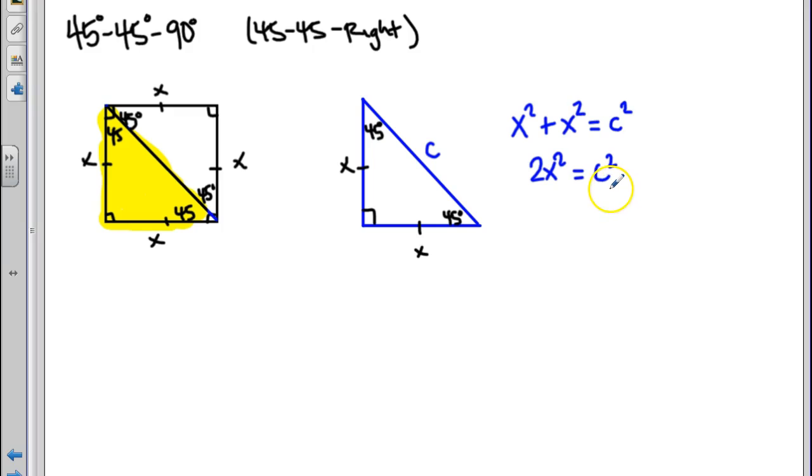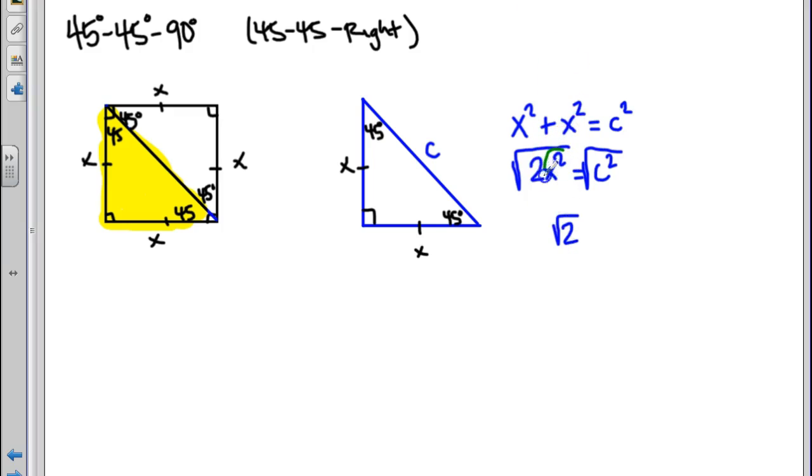All right, I am solving for c. I want to know this side length, so I shall take the square root of both sides. The square root of 2 can't be simplified, so I'm going to leave the 2 underneath, but look at the x's.